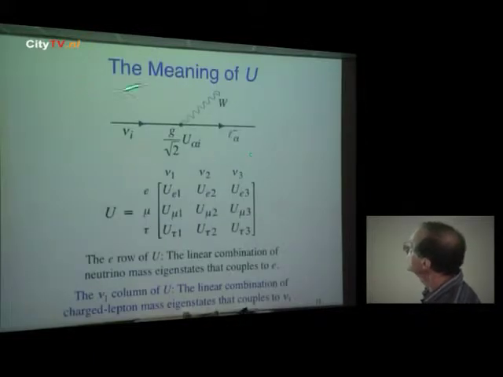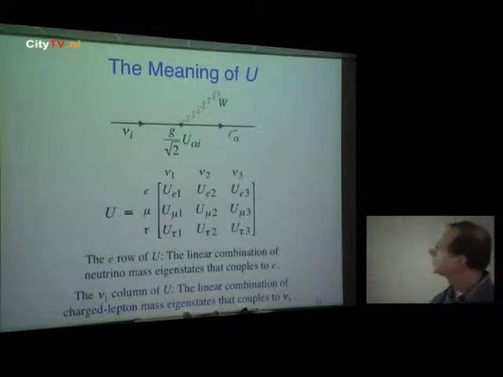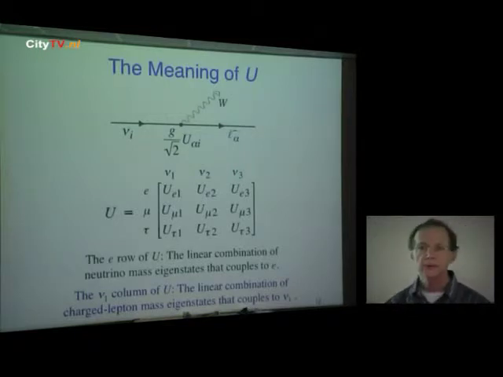So pictorially, the amplitude for nu I to make L minus alpha by emitting or absorbing a W boson is just G over the square root of 2 times U alpha I. That's what U alpha I is. It's the amplitude for this vertex.